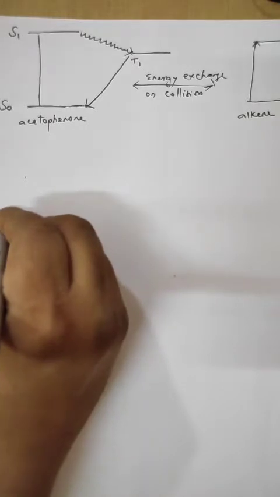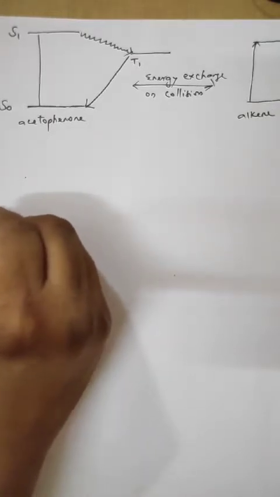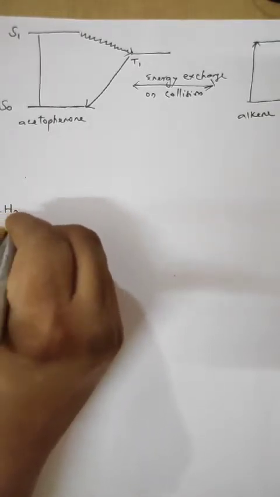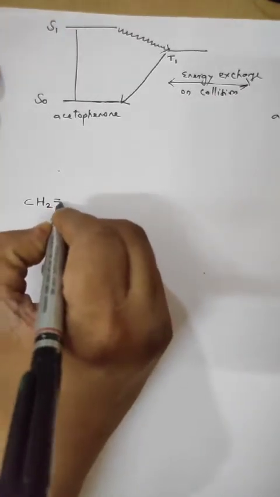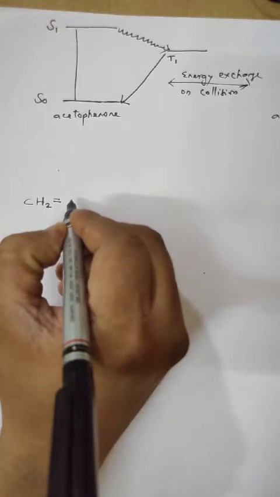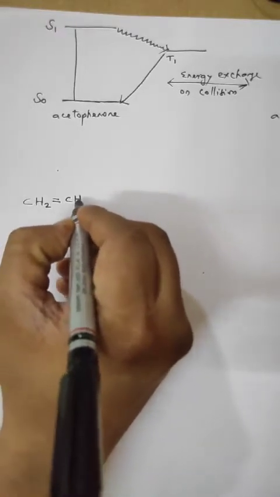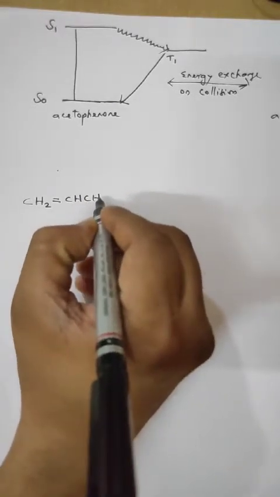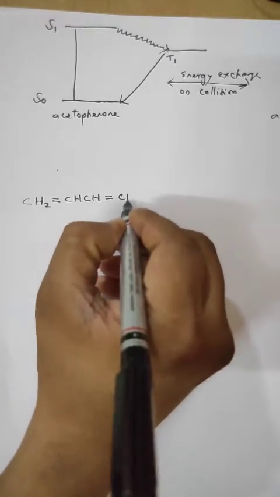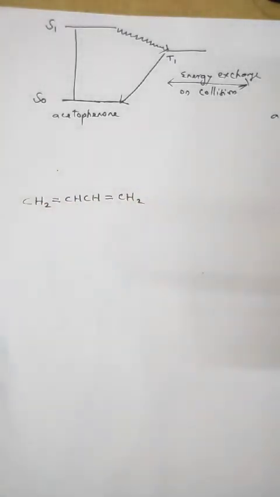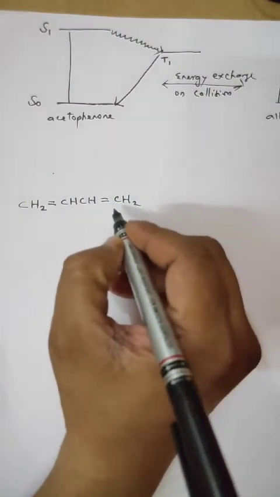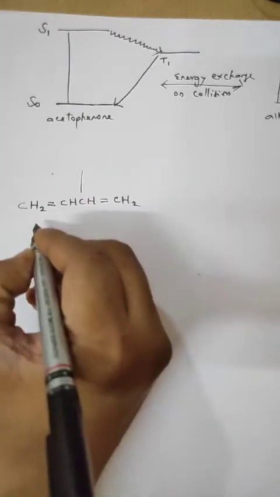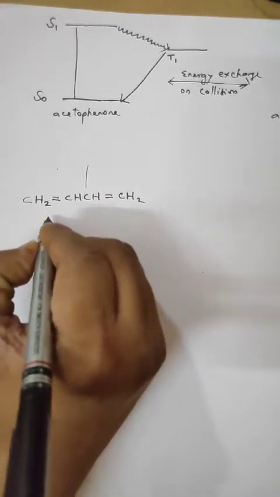Butadiene: CH2 double bond CH, CH double bond CH2, butadiene.